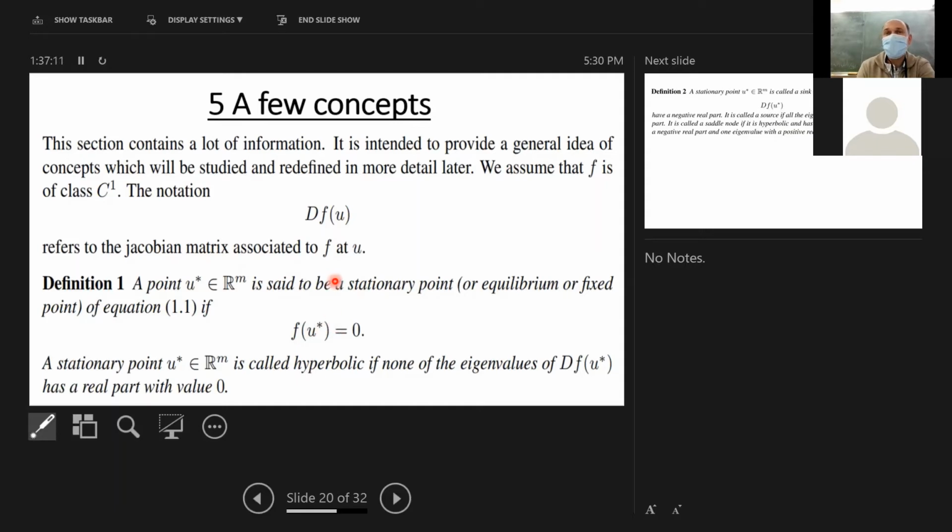This is a stationary solution. It's called hyperbolic if none of the eigenvalues has a real part with value 0. This is called a hyperbolic point.